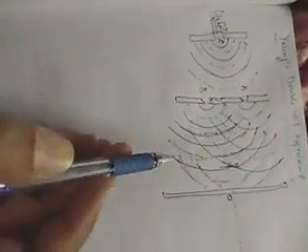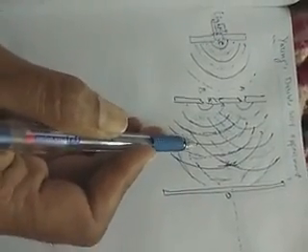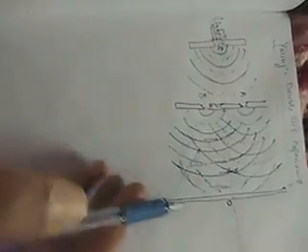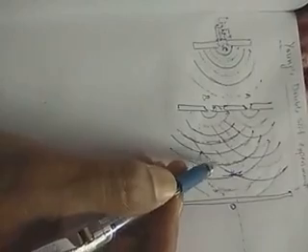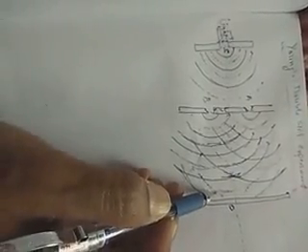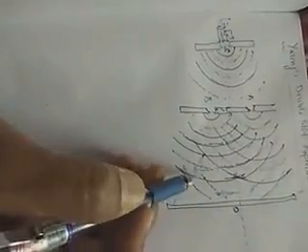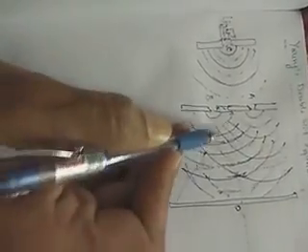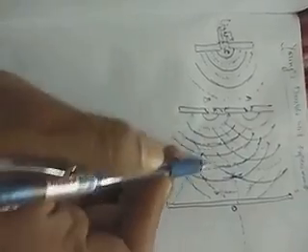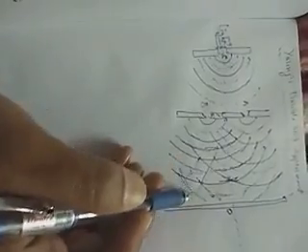So if you try to extend these points where these solid lines meet with each other, and the places where these dotted lines meet with each other, and try to join them, it will join like this.